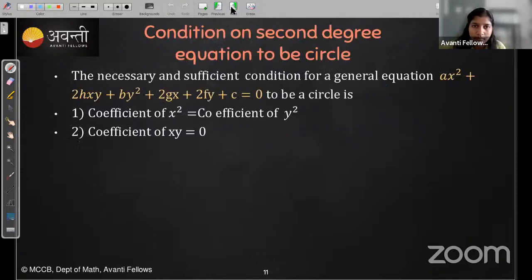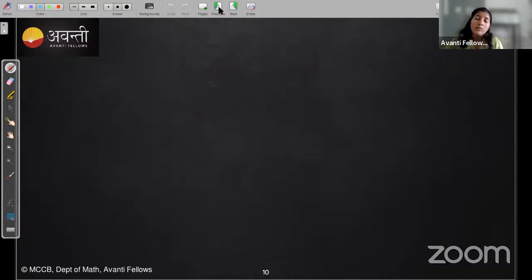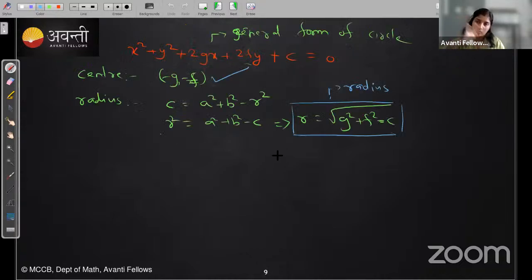Now we'll see what is the condition that should be there on our general form to be a circle. So this is the equation of a circle we got, right? And we already know what the general second degree equation is.